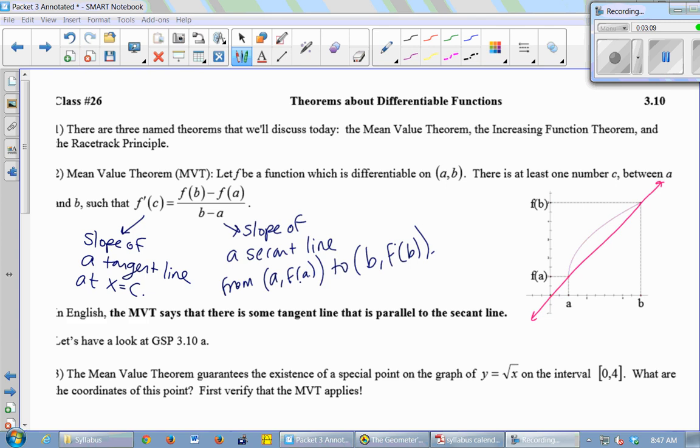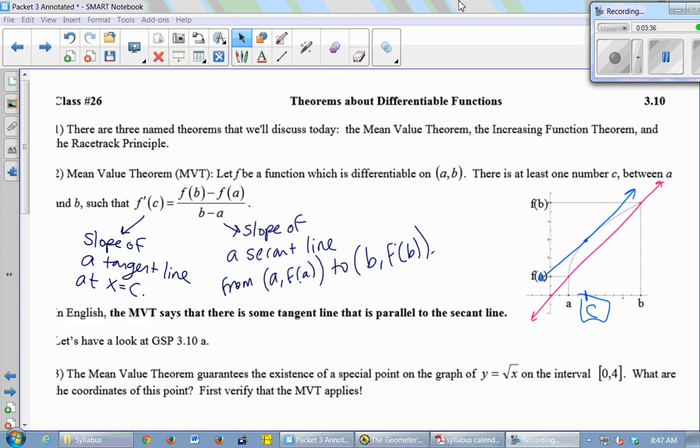So that might happen here-ish. If I draw a tangent line there, parallel to my secant line, that is my special point c, an x value between a and b, so that the tangent line there is parallel to the secant line.